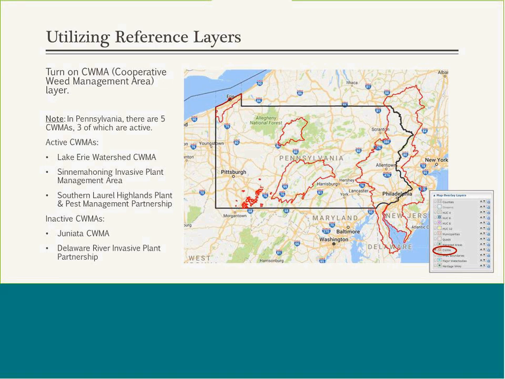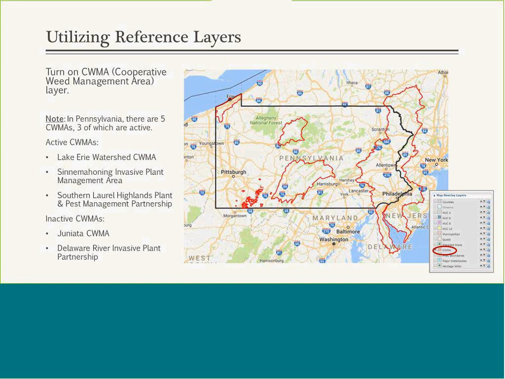The one that's just sort of southeast of the Allegheny National Forest, that is the Cinnamon Invasive Plant Management Area. You'll see kind of a lot of little dots south of Pittsburgh, and that is the Southern Laurel Highlands Plant and Pest Management Partnership. Those are 3 CWMAs that are actively managing invasive species right now.